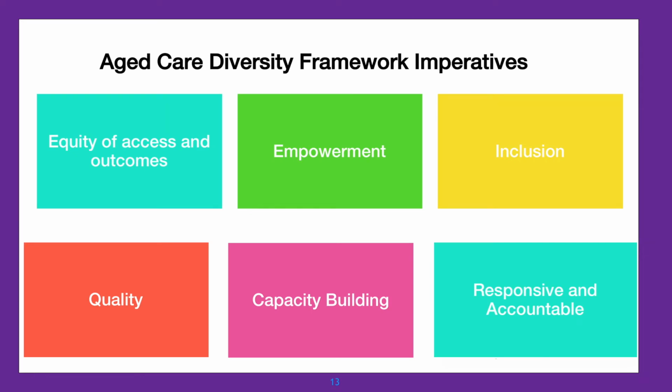Here in the next slide are the imperatives of the framework. So equity of access and outcome, empowering clients to use the services, inclusion, which ensures that all of the services that you are providing are inclusive and are not denying or limiting anyone. That there's a focus on quality improvement and continuous improvement in your organisation.